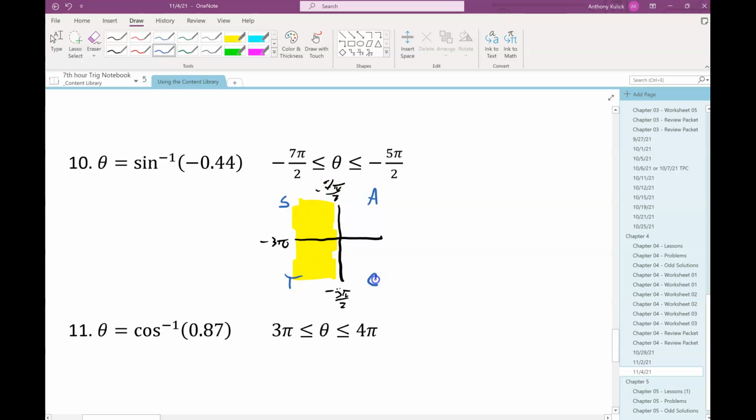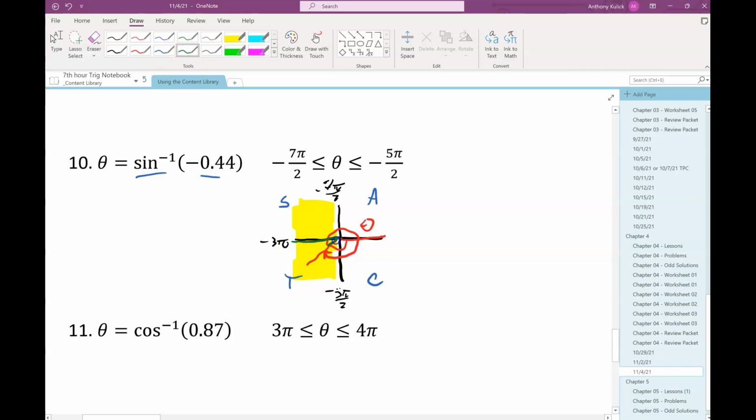All silly turtles crawl. So sine is negative in which of those 2 quadrants? Quadrant 3. The S tells us sine is positive there. So we need to actually be in the other quadrant. And when we draw our theta, we need to make sure we're drawing clockwise also, right? Because theta is negative. So -2 and then to our answer. So there's my theta.